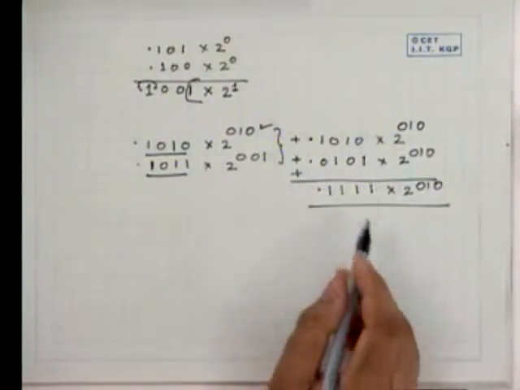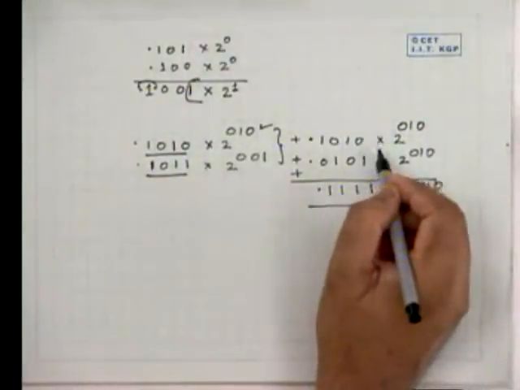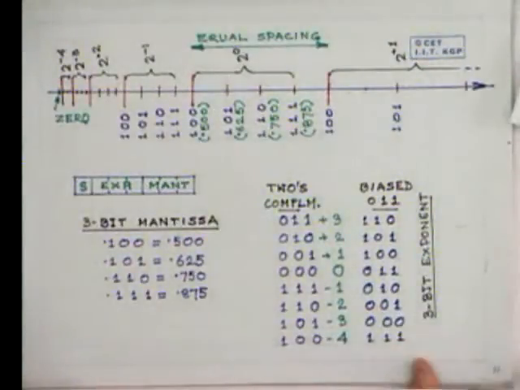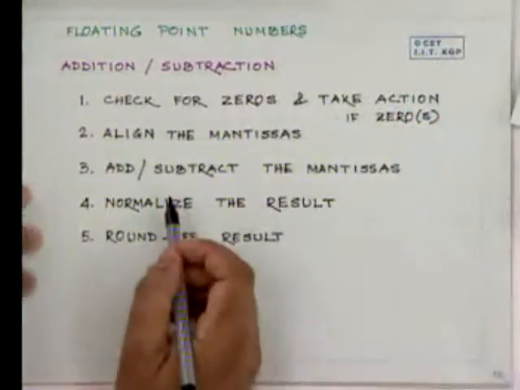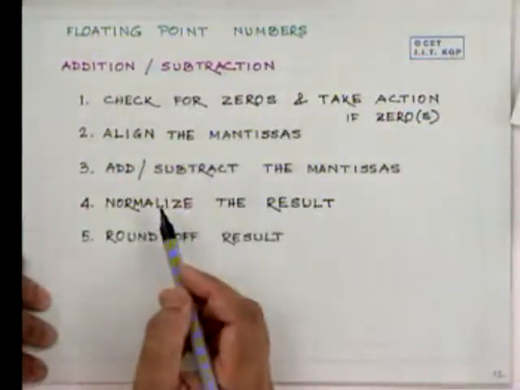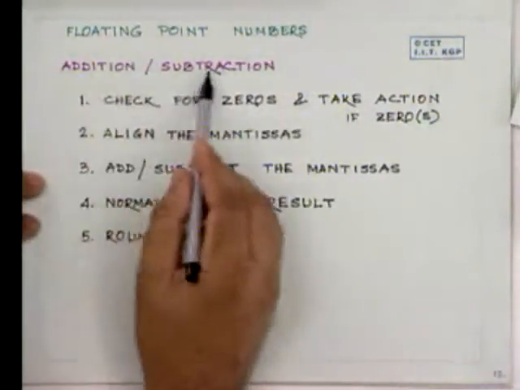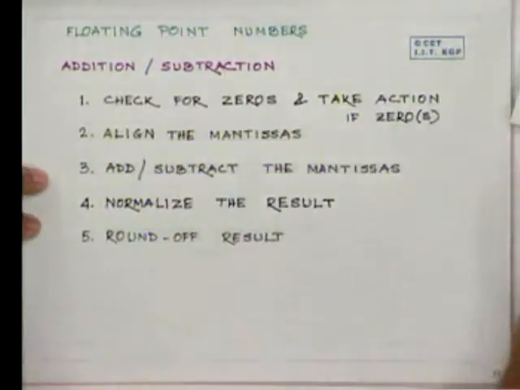Similarly, for addition and subtraction, the same procedure has to be followed, and we can represent the basic steps of addition and subtraction this way: we check for zeros. Naturally, for the floating point numbers we are trying to add or subtract, we will have to check for 0 first.